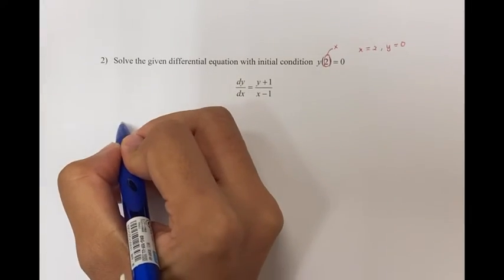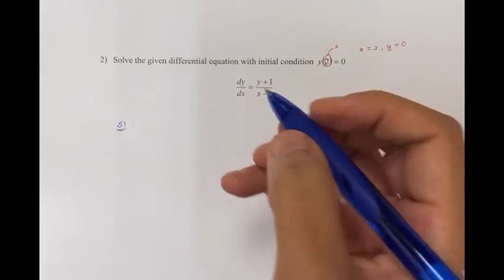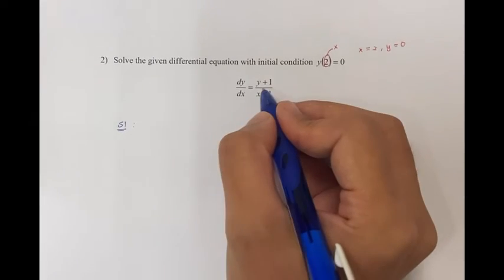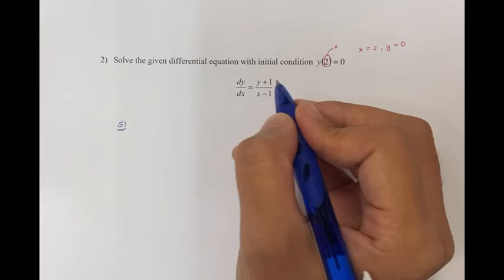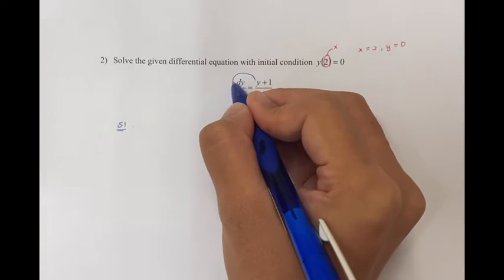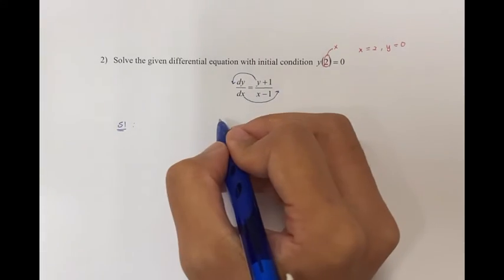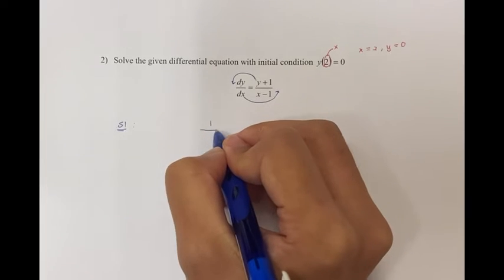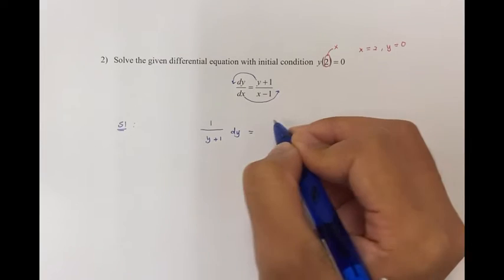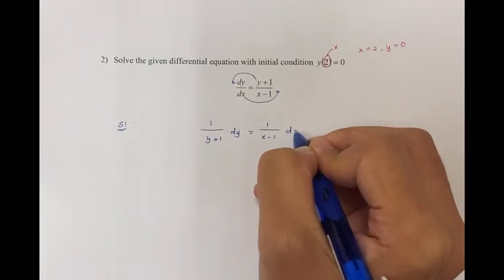As usual, start with step 1. For step 1, separate the variables. So dy over dx equals (y plus 1) over (x minus 1). For this one, you just move your y to the left hand side and move dx to the right hand side. So what you have here is 1 over (y plus 1) dy equal to 1 over (x minus 1) dx.